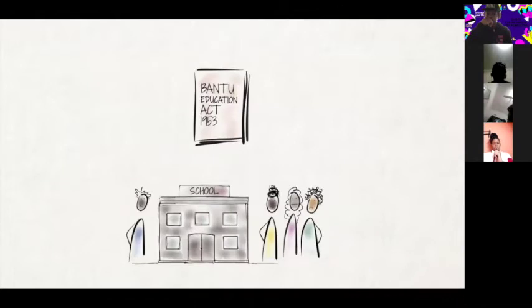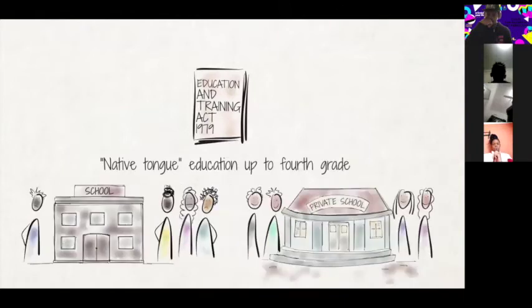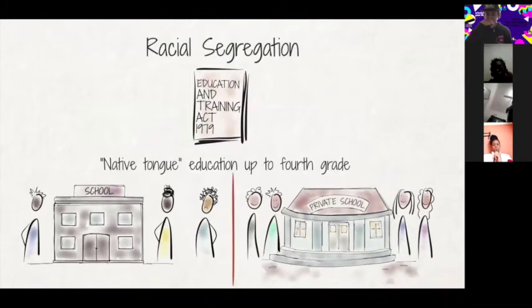The 1979 Education and Training Act repealed Bantu education and allowed the use of native tongue education up to 4th grade, as well as limited attendance of Black pupils at private schools. The new act still continued with a system of racial segregation.